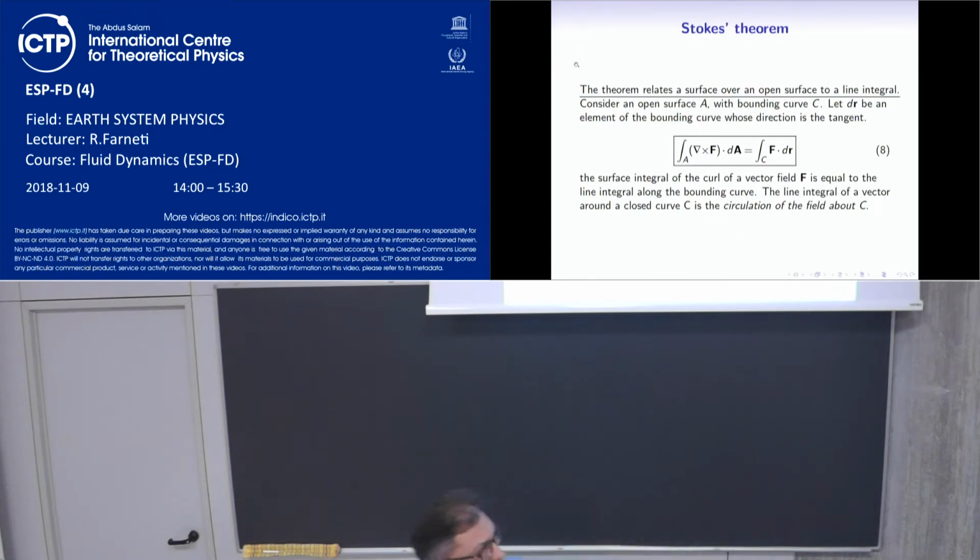And the Stokes theorem that we'll use today relates instead an area integral of the curl of your vector field to the line integral of your vector field.